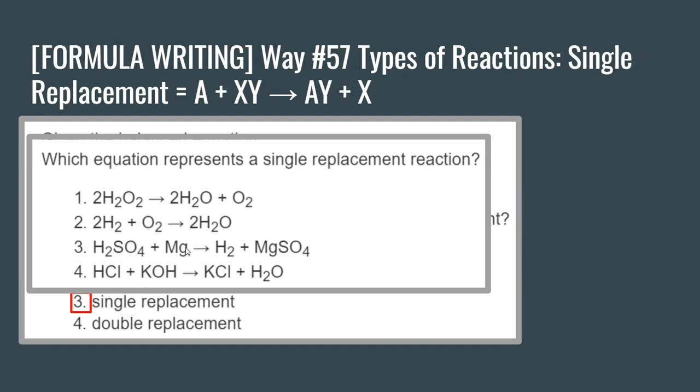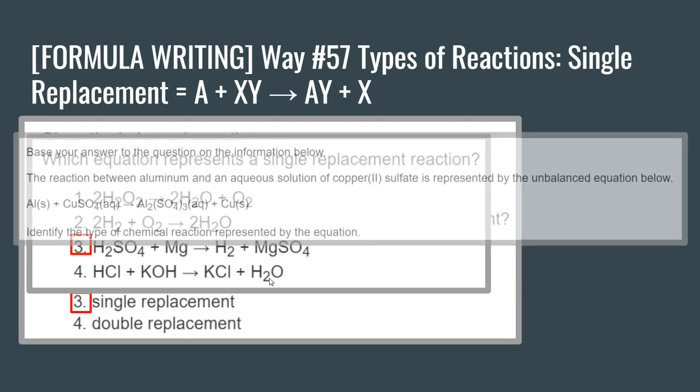The only one that identifies the correct single replacement is choice 3. Here, Mg is taking the place of hydrogen, and hydrogen comes out of the compound. And the new product that forms is a combination of magnesium and sulfate. So choice 3 is correct. Choice 4 is another type of reaction which we'll learn later, called a double replacement.